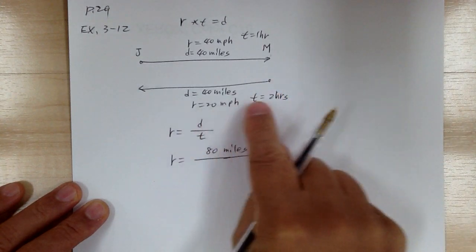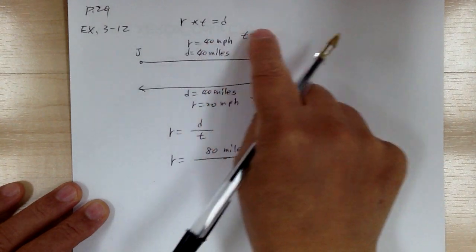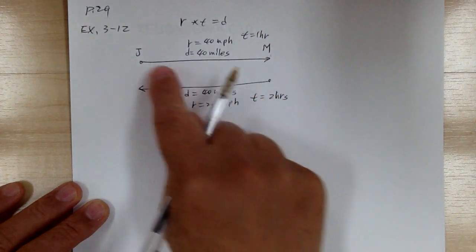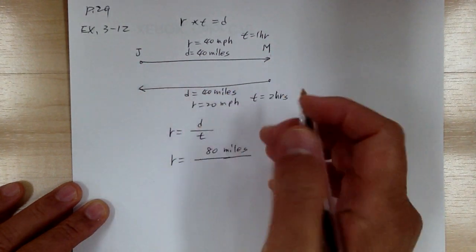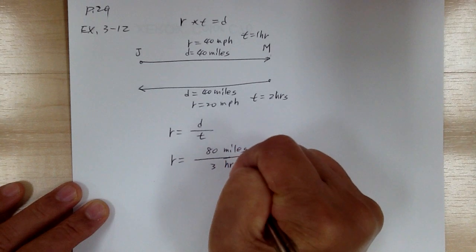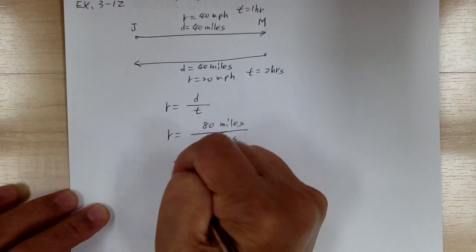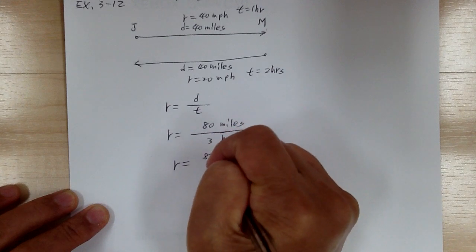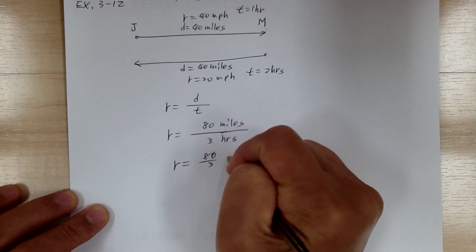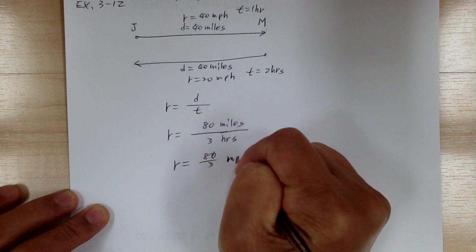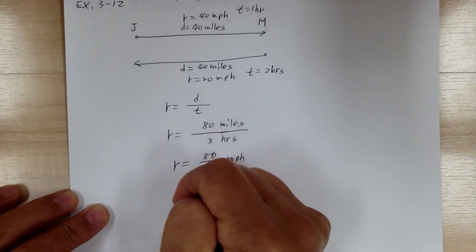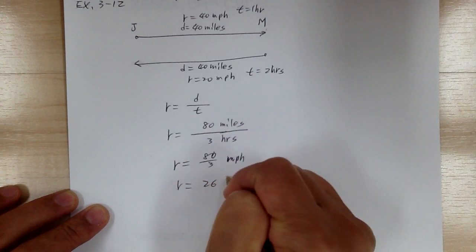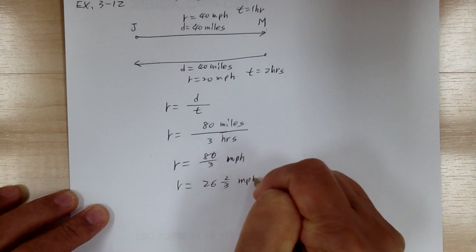R times time equals distance. So 1 hour going, 2 hours coming back, so the total time is 3 hours. So the average speed for the whole trip is 80/3 miles per hour, or 26 2/3 miles per hour.